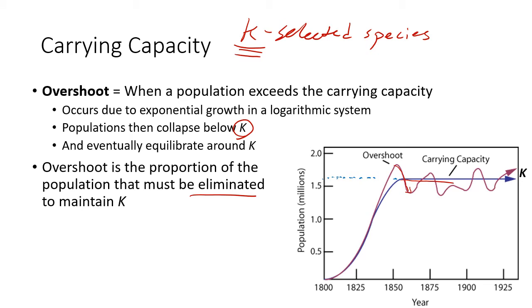Individuals starve, individuals can't find enough space to breed, individuals can't get enough nutrients out of the soil if it's plants, whatever. Then, because the population size is now below carrying capacity, they'll pop back up, go through a little more exponential growth, maybe have a little overshoot again, and then go down below carrying capacity. Eventually, we're going to hover right at carrying capacity. We're going to self-correct.